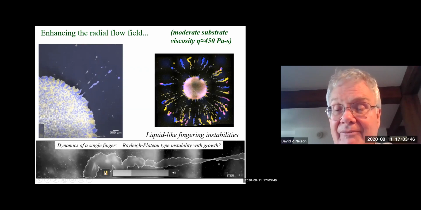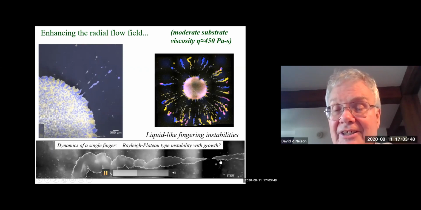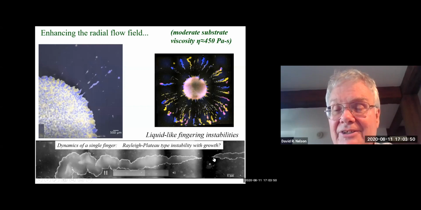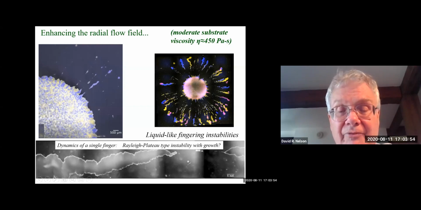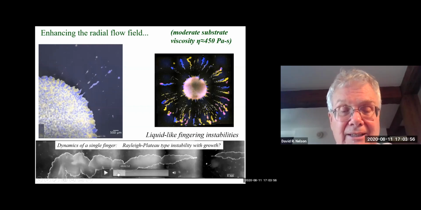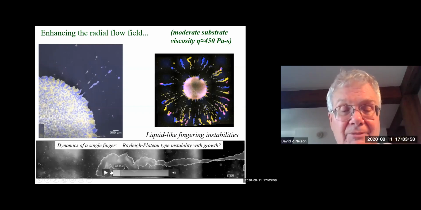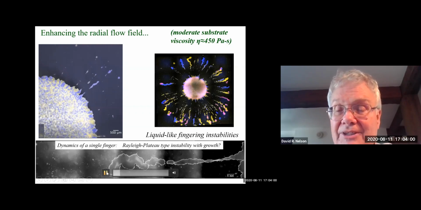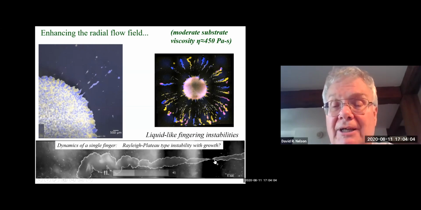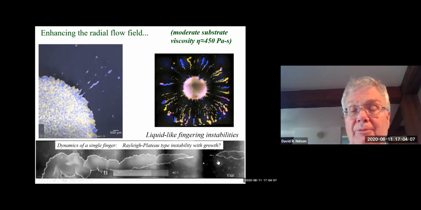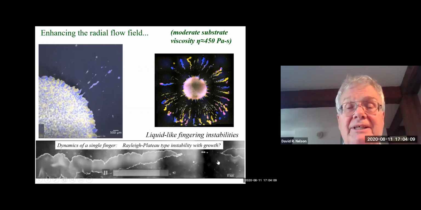But unlike conventional such things, these are alive. And the cells are vigorously reproducing. They don't quite succeed in preventing the pinch off. But to me, it's a very interesting arena in which to rethink traditional fluid mechanics problems like pinch off and Rayleigh-Plateau in the presence of something that's alive.